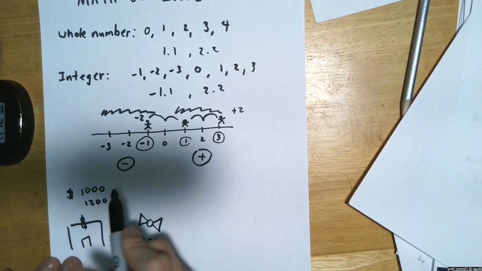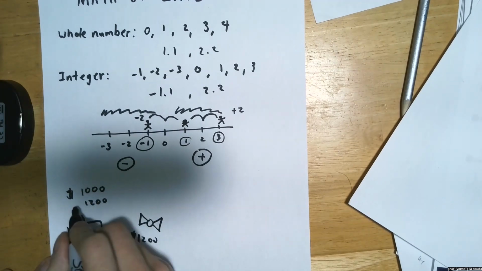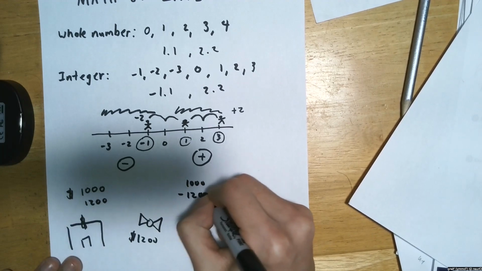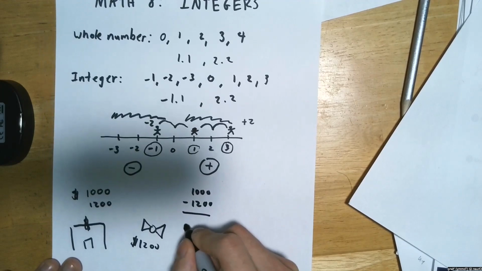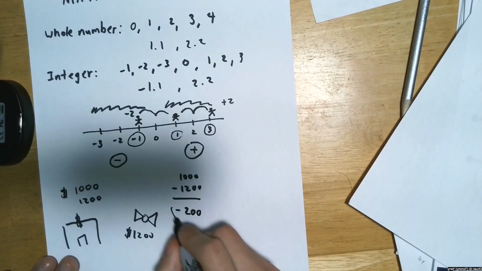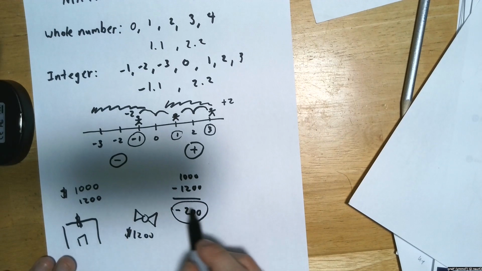And intuitively, you don't have $1,200 in the bank right now, but you want to have 1,200. So if you ask for a loan, you can subtract 1,000 minus 1,200, and that's going to get you -200. And so your net worth, or whatever you have in the bank right now, is going to be a negative number, -200.